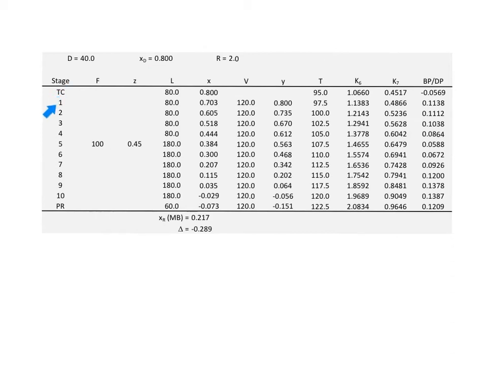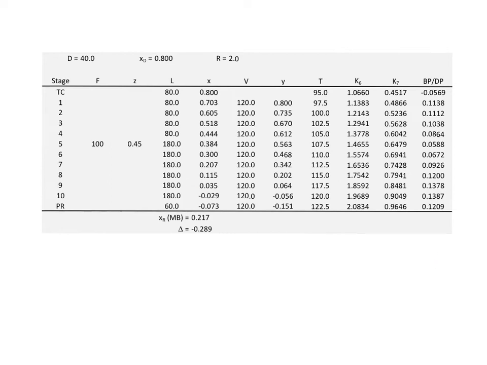We have a row for each stage. We have the total condenser, the 10 trays, and the partial reboiler. We are feeding F, sent to tray 5, and it has a composition of 0.45. This column here has the liquid flow rate leaving each stage and the composition of that liquid.